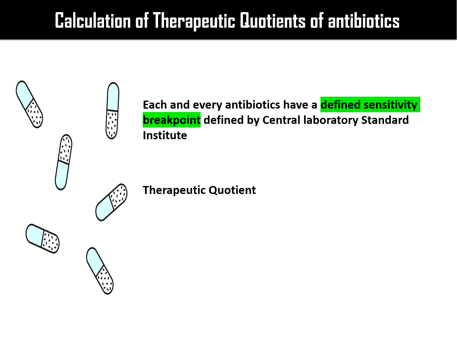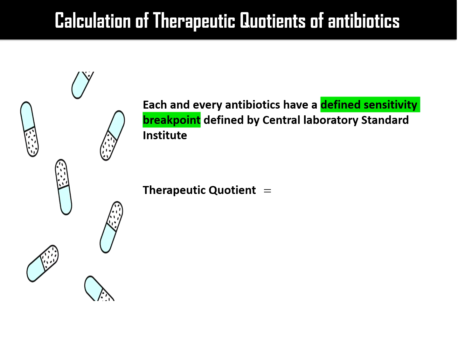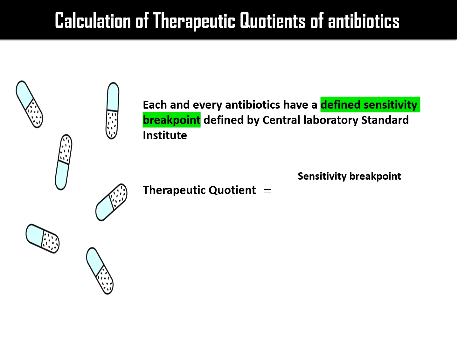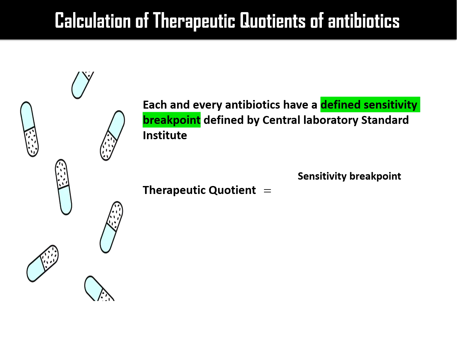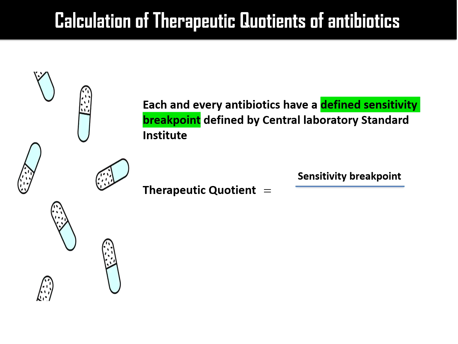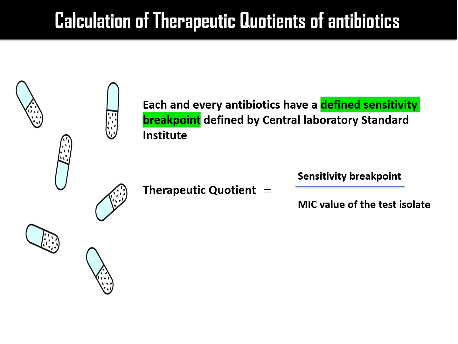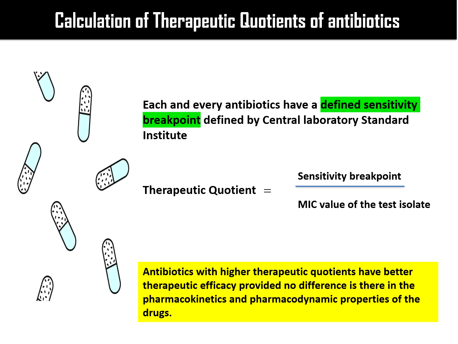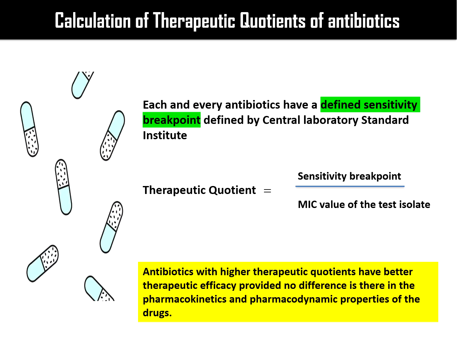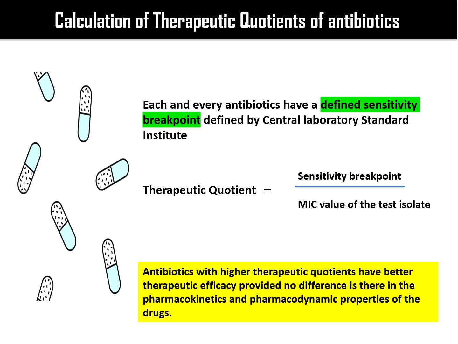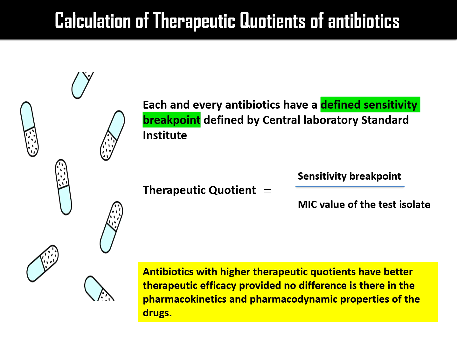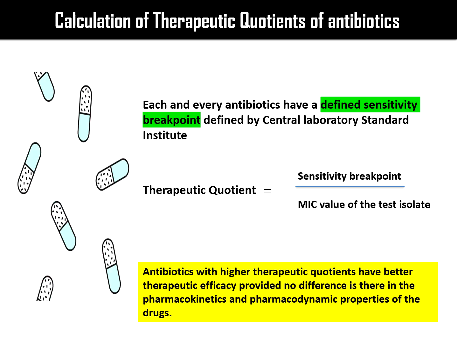Now, therapeutic quotient is the sensitivity breakpoint defined by CLSI for a particular antibiotic divided by the MIC value of the test isolate. Antibiotics with higher therapeutic quotients have better therapeutic efficacy, provided no difference is there in the pharmacokinetic and pharmacodynamic properties of the drugs.